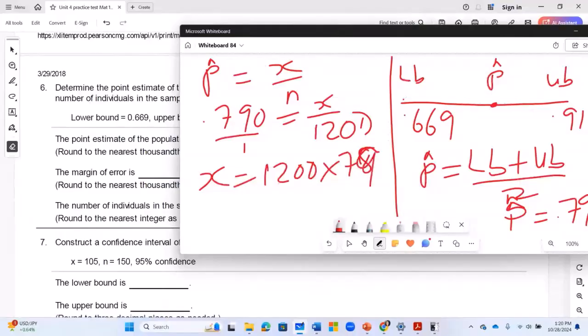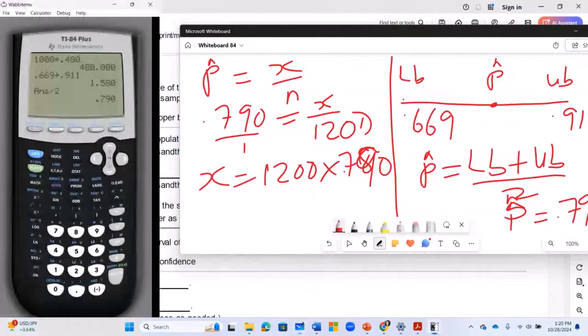So the number of people who showed up is 1200 times 0.790. So I have 1200 multiplied by 0.790, and I hit enter.